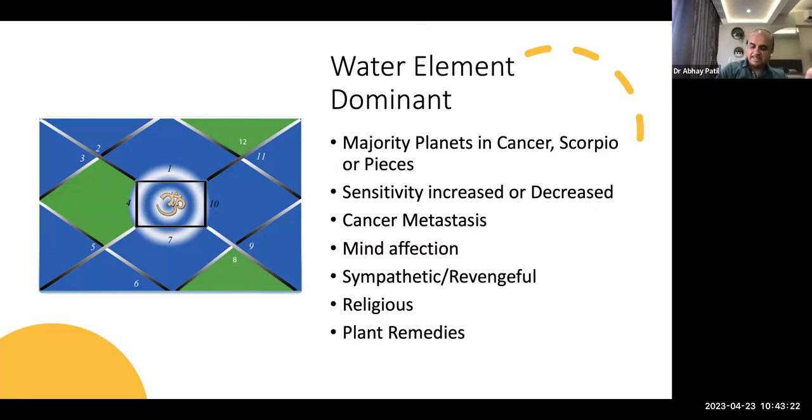So in contrast to many people who said, okay, you will require metals in cancer, you will require minerals in cancer, I have got the best results in the past 7 to 8 years for cancer with plant remedies. Plant remedies work best in cancers.